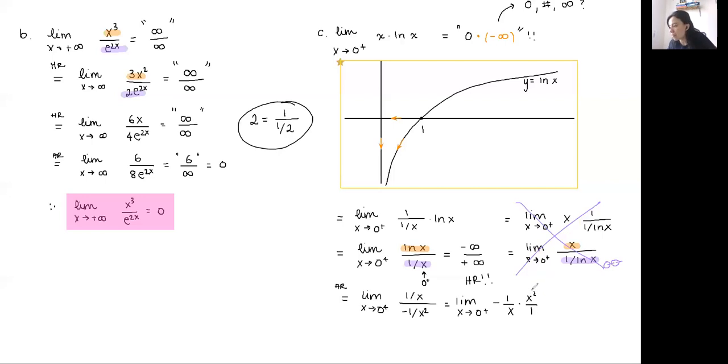And so we're going to have that this factor of x can cancel out the 1 at the bottom, and this is the same as the limit when x goes to 0 from the right of minus x. And if this is the limit as x goes to 0 of minus x, then this is going to give me 0.